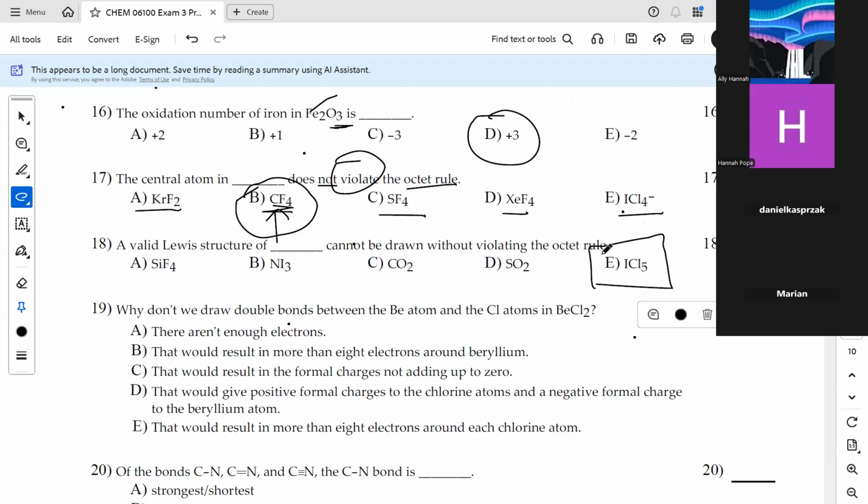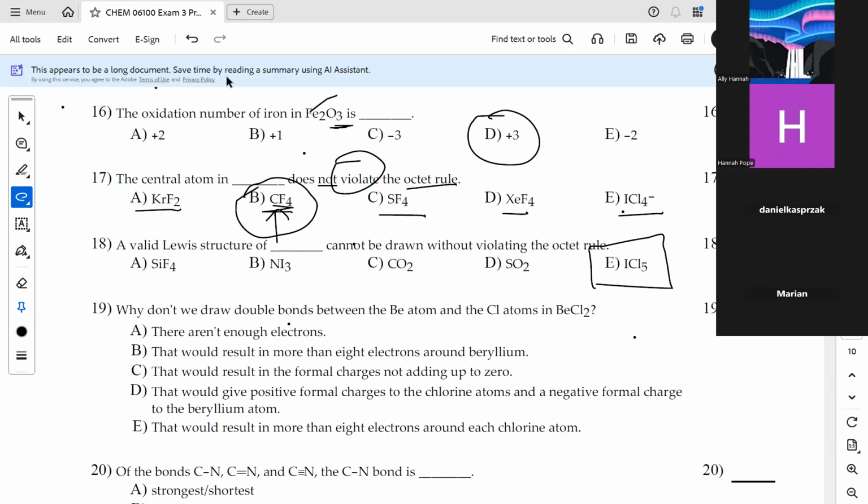So ICl5, iodine pentachloride, will have 10 electrons surrounding iodine at least, right? There might be a lone pair that we can't predict without doing the Lewis dot structure or the valence electron count. But we definitely know it's at least going to have 5 bonds. So we can shortcut and say this definitely needs to violate.